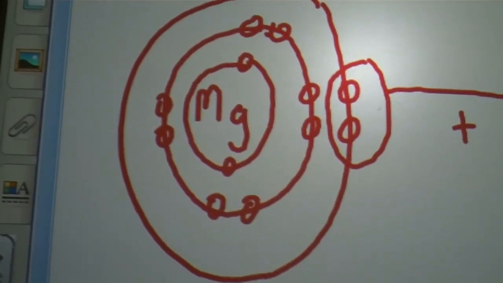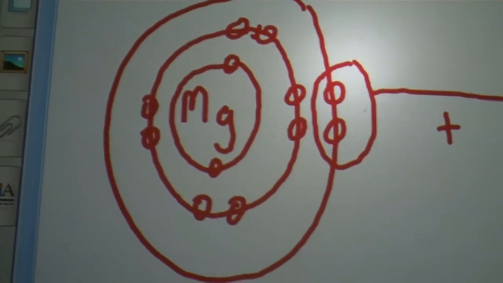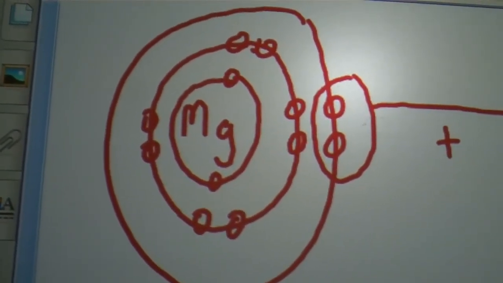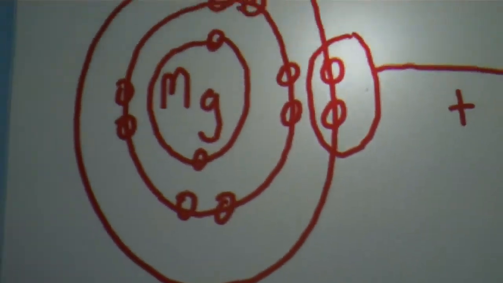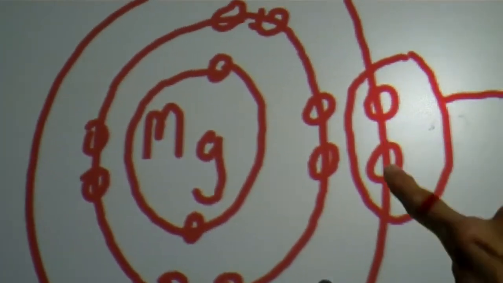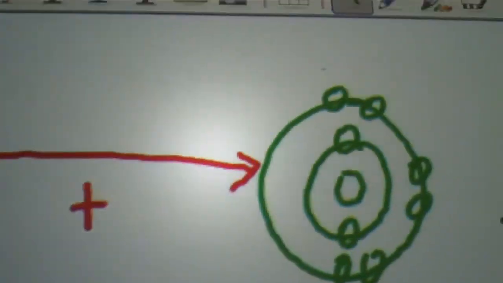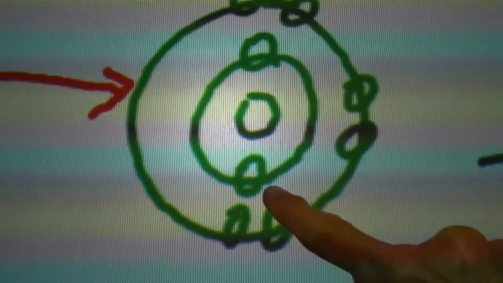Okay, so what's happening in this reaction? Magnesium has an atomic number of 12, which means it has 12 electrons: 2 in the first shell, 8 in the next shell, and 2 in the outer shell. To achieve a full outer shell of electrons, it needs to lose these 2 electrons. Oxygen has an atomic number of 8, with 2 in the first shell and 6 electrons in the outer shell.